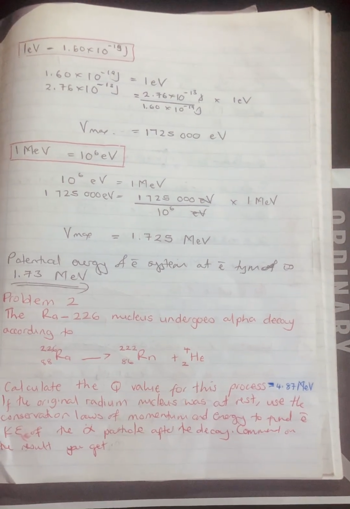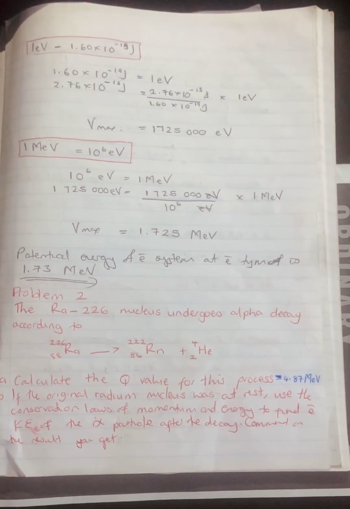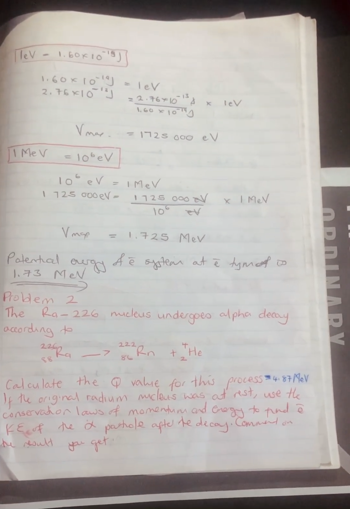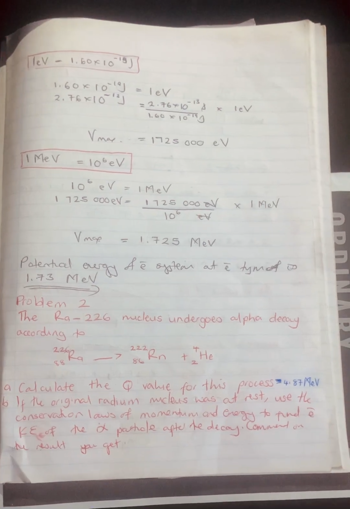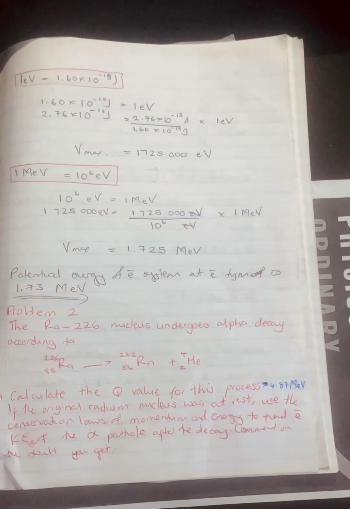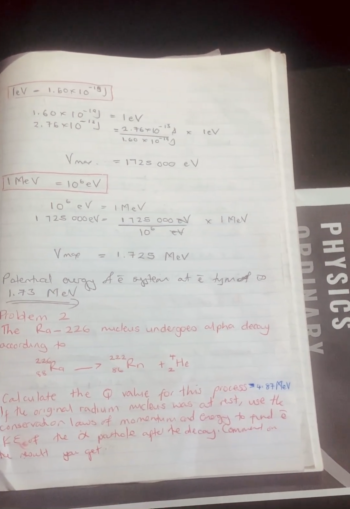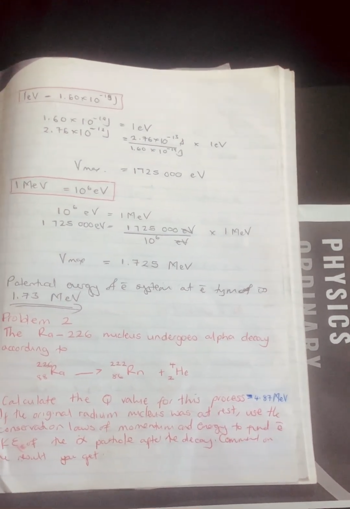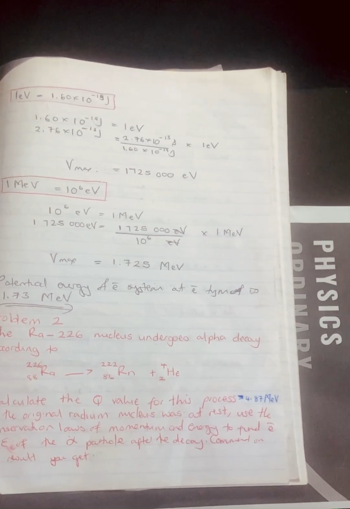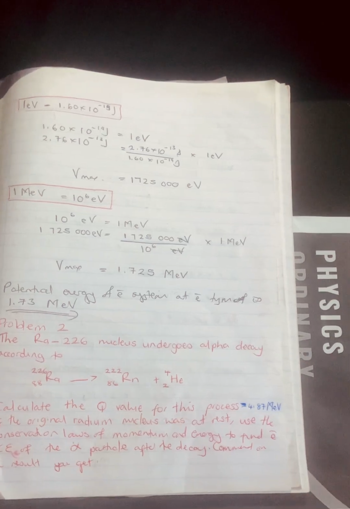So we want to continue with this question. On our previous video, we couldn't continue with this question because of technical issues, which is why we are doing it the traditional way today. As you can see, we're just shooting a video. We were supposed to calculate the Q value, which we posted on our previous video. Now we need to find the kinetic energy of the alpha particle after decay.